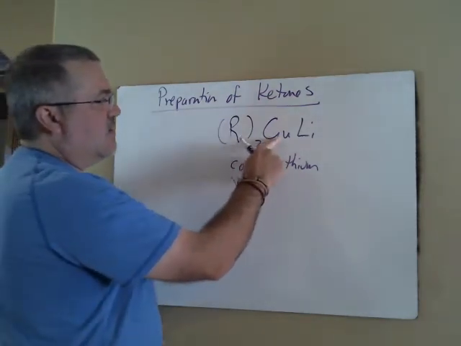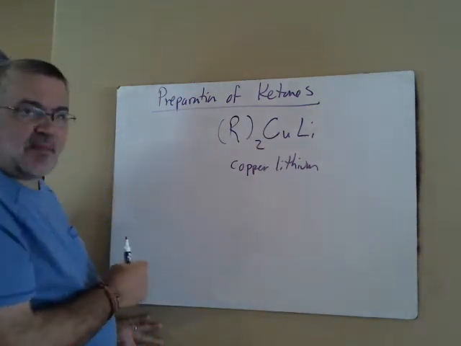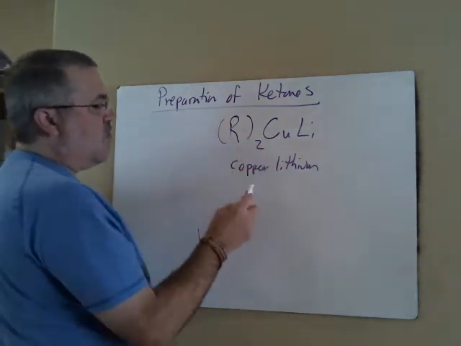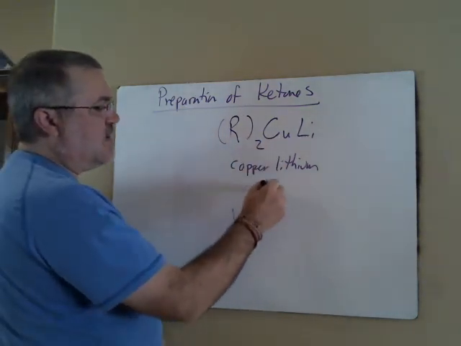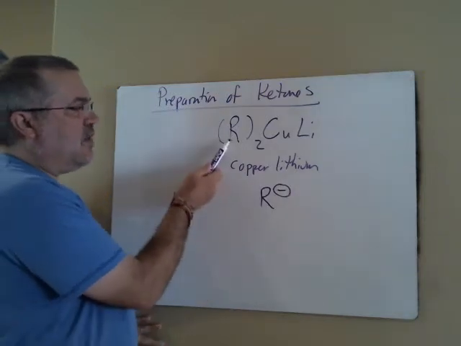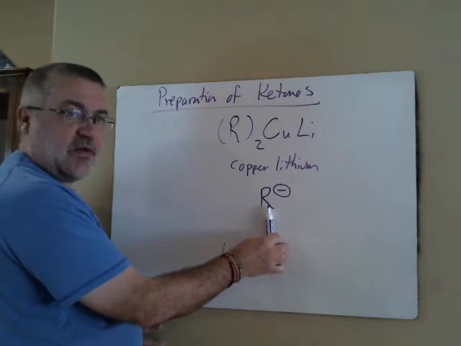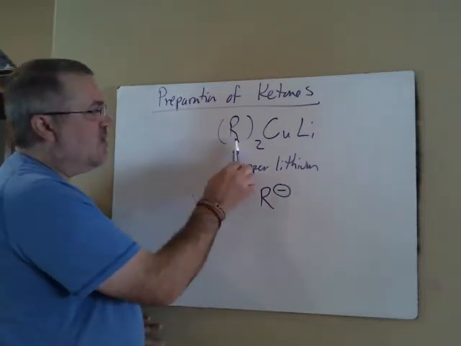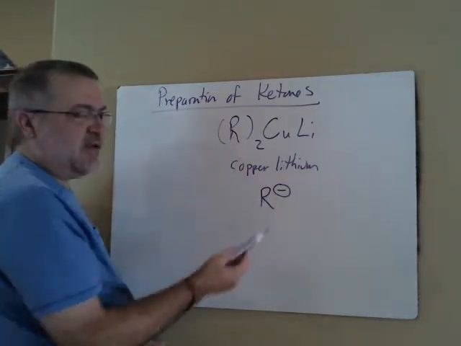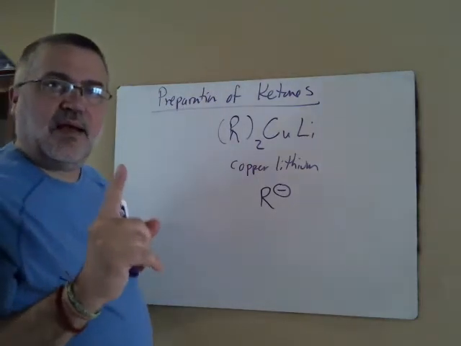The reactive equivalency of this is that just one of these R groups has the reactive equivalency of R minus. So even though there are two R groups on here, a Gilman is still just delivering one alkyl group.